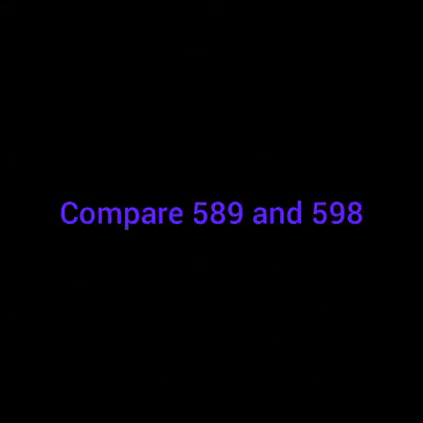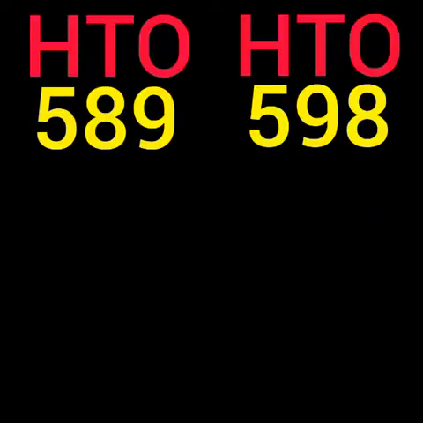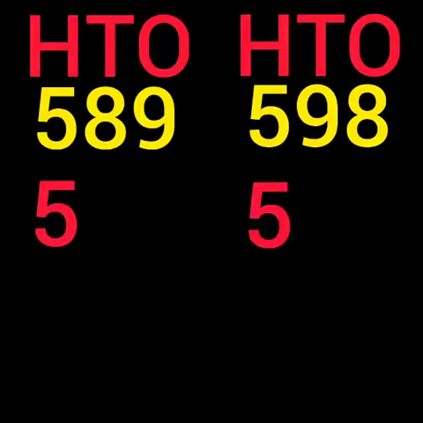Now let us try another example. Compare 589 and 598. See, both the given numbers have three digits. So, compare the first digit, or compare the numerals in the hundreds place. The first digit in 589 is 5 and in 598 it is also 5. Which means both the numbers have 5 as the first digit.